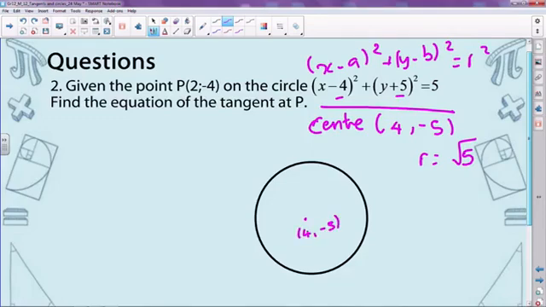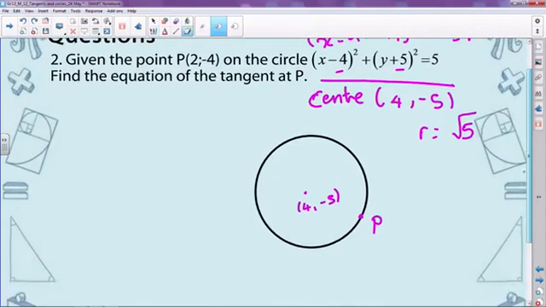They also tell me that there's a point (2, -4) that is somewhere on the circle. We're not going to put it exactly where it is. As I said, this is not on a Cartesian plane, but P can't be there because it's got to be to the left of 4, so let's say it's somewhere here. So P is the point (2, -4).